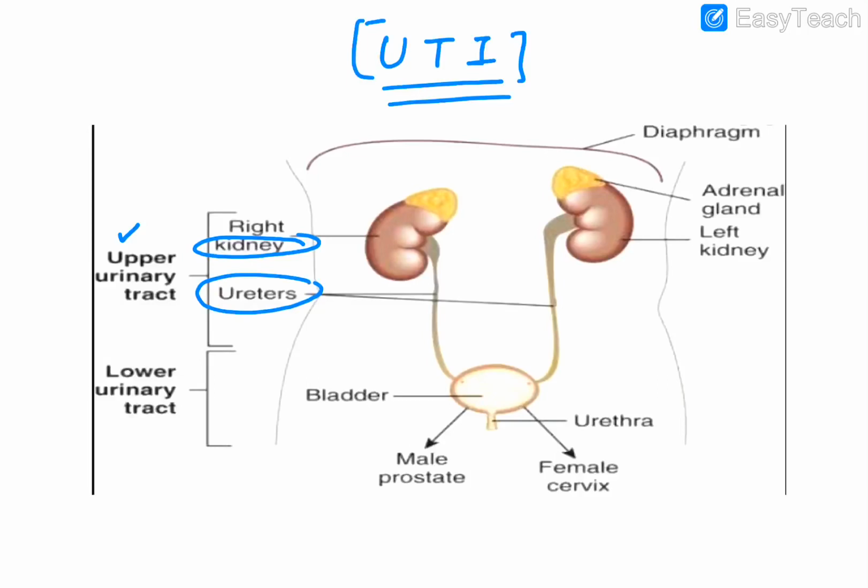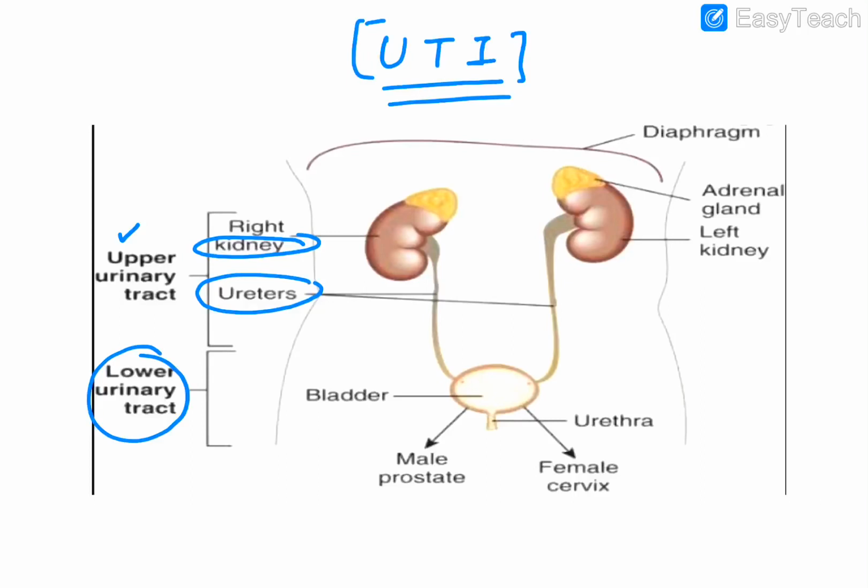Whereas in the lower urinary tract, remember that the bladder and urethra are the main features: bladder and the urethra. In the upper, we have kidney and the ureters. And obviously, in the lower urinary tract, the prostate comes in males, and in females, the cervix can also be counted in the lower urinary tract infections.